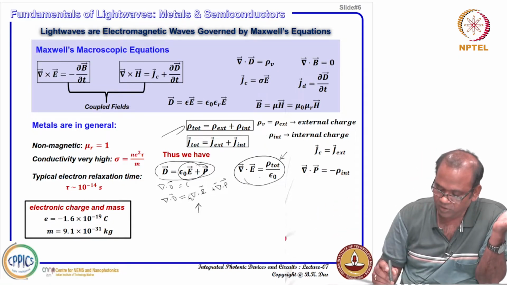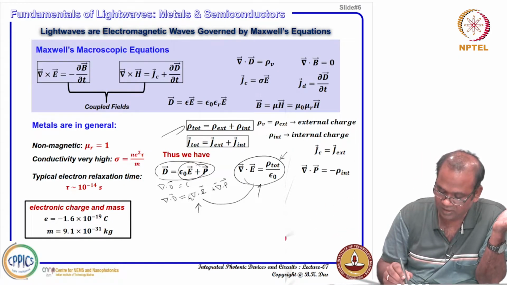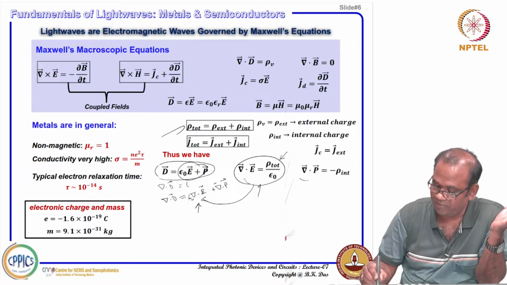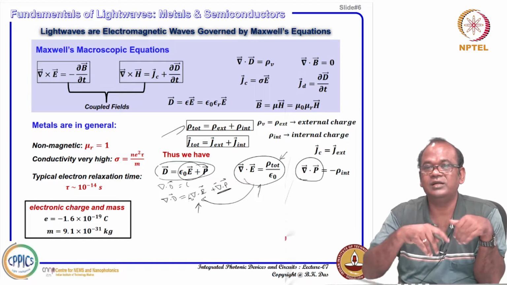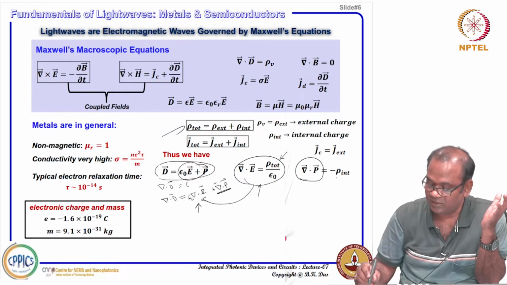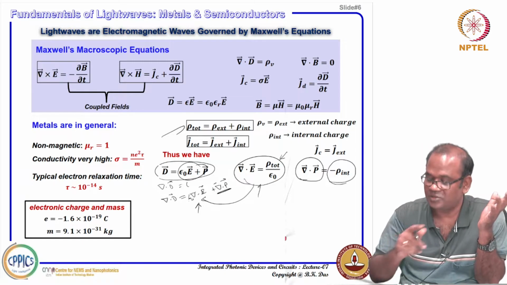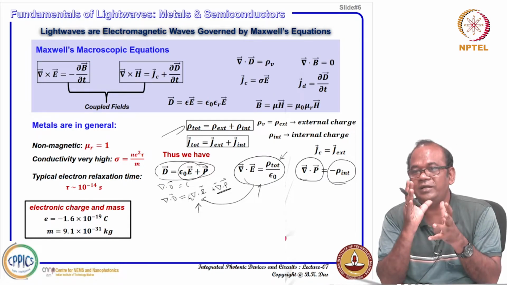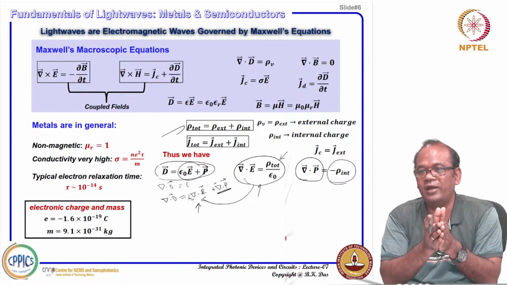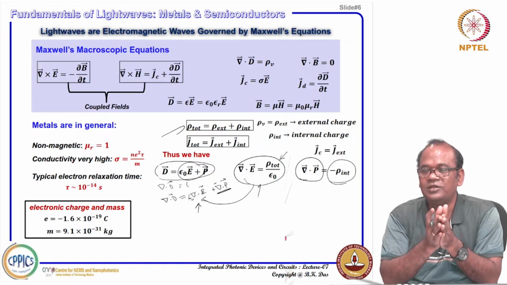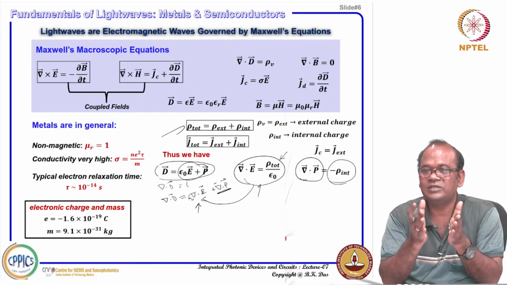So, divergence P, that is the divergence of the polarization density, is nothing but minus rho internal. The internal charge we are defining is due to the polarization density.